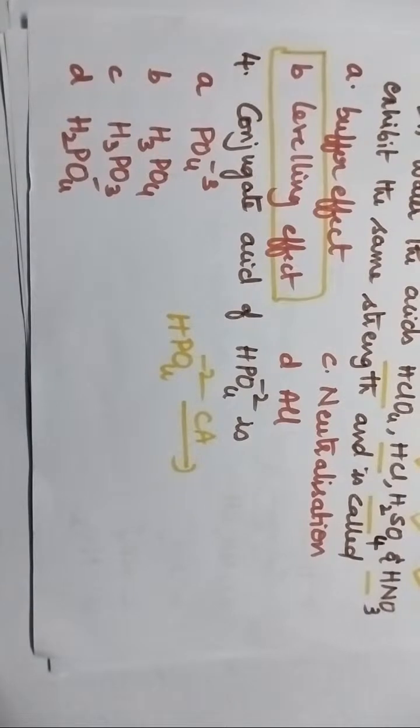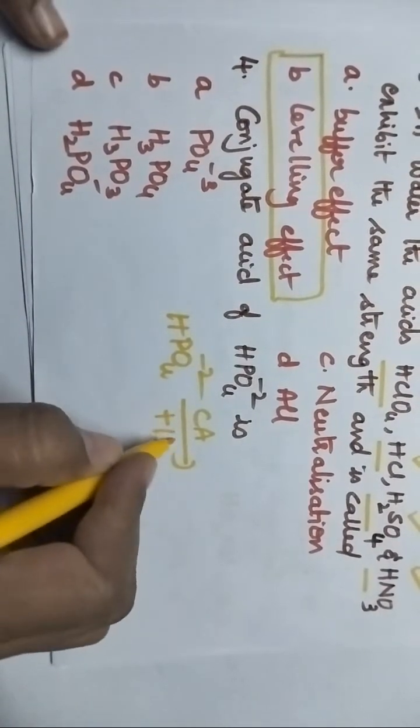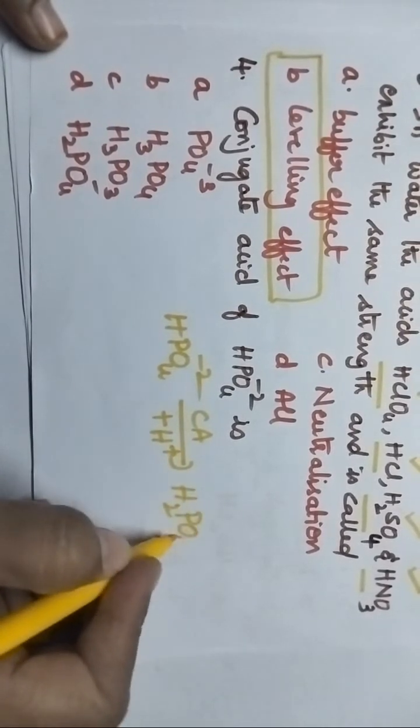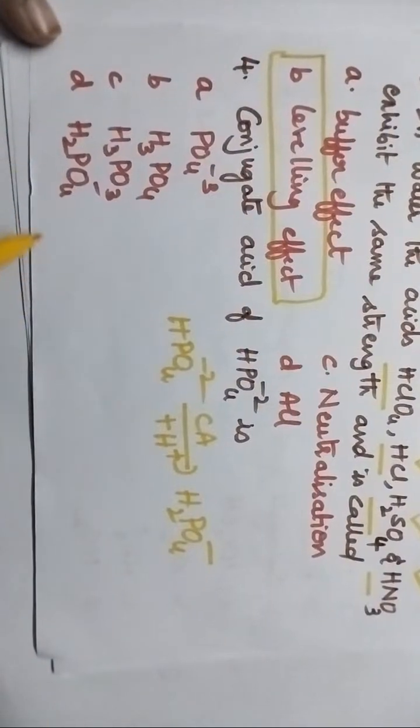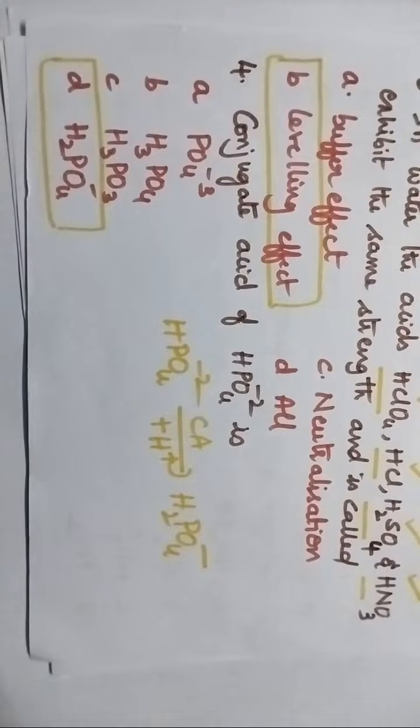Priceless brains. Very good. Rama Durga, at once check your answer. Conjugate acid means you have to add a proton. Then it becomes H2PO4 minus. So in this case, option D is the right answer. Clear? Option D is the right answer.